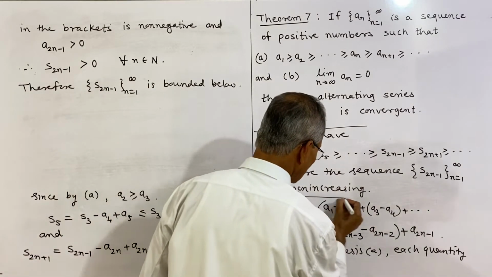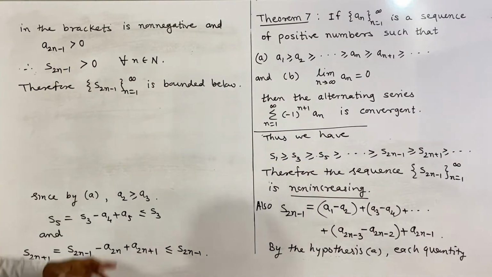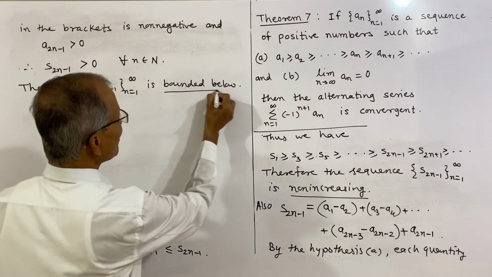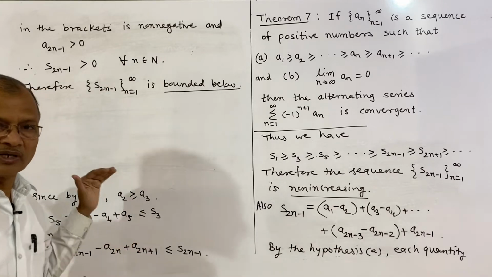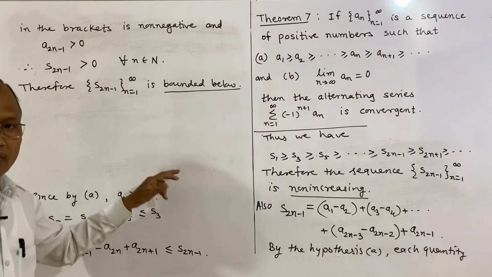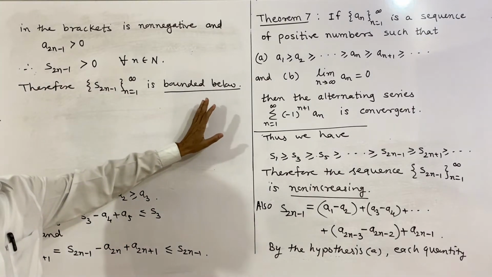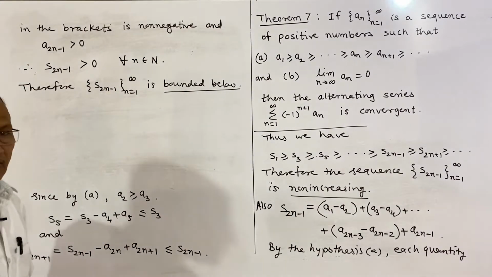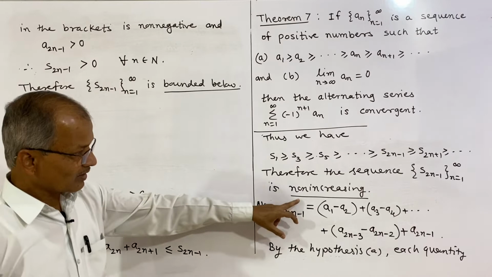Now see, what we have proved here: earlier, the sequence is non-increasing, and we have further shown it is bounded below. And we know a non-increasing sequence, that means actually decreasing sequence, but bounded below, is convergent. This is a theorem that we have studied in the chapter on sequences, so please refer to that theorem.